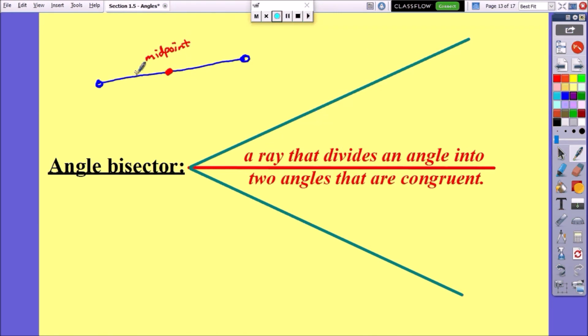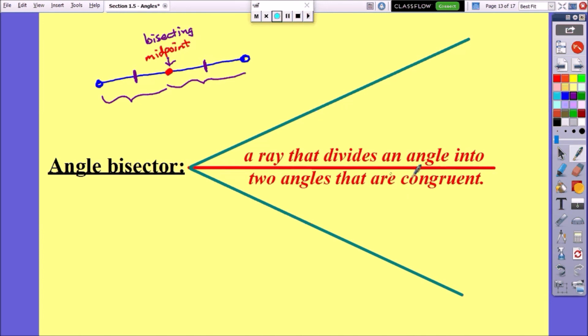We said if this segment was the same as this segment, if they were congruent to each other, then yes, this must be the midpoint. Well, the midpoint is also really bisecting the segment in half. It's cutting it into 2 equal parts. Well, we can have rays that cut a big angle into 2 smaller equal-sized angles.